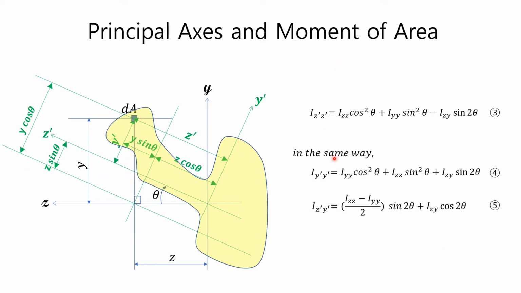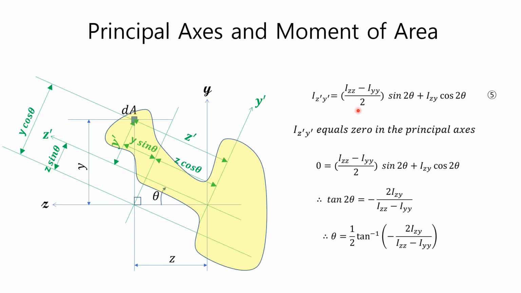In the same way, we can get equation 4 for the second moment of area, Iy prime, and equation 5 for the product moment of area, Izy prime. Now, we can express all the second and the product moments of area for the yz prime axis in terms of those of the original yz coordinate system.